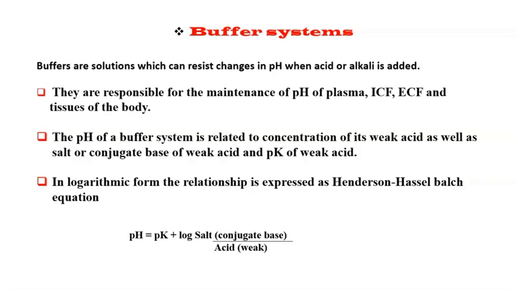1. We should be able to explain the buffer system. 2. You should be able to write the Henderson-Hasselbalch equation and the uses of the equation. 3. Composition of a buffer: what is a buffer system made up of? 4.